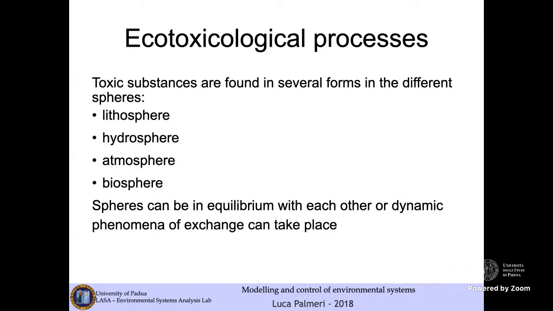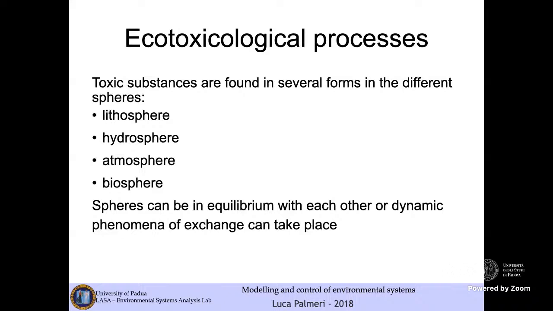On Monday, we have seen already the first example of a model describing the exchanges between the atmosphere and the hydrosphere. We said that the key model employed for describing these flows is the Henry Law model, the model based on the Henry laws.